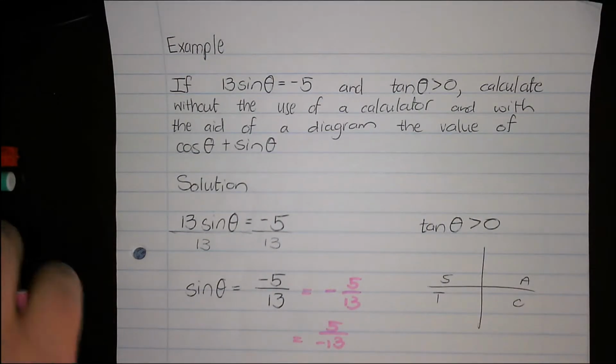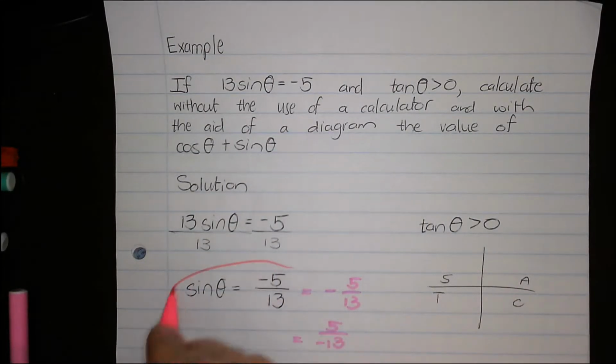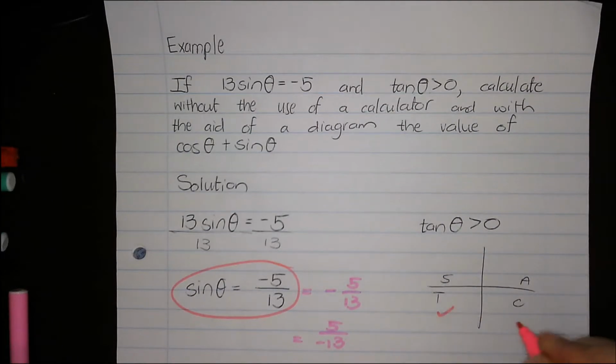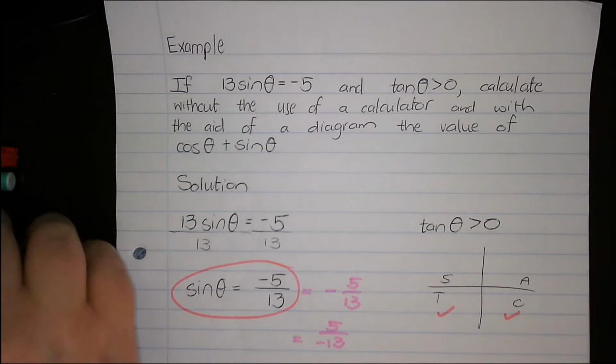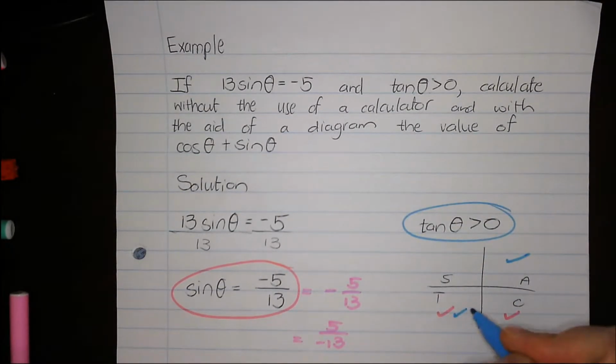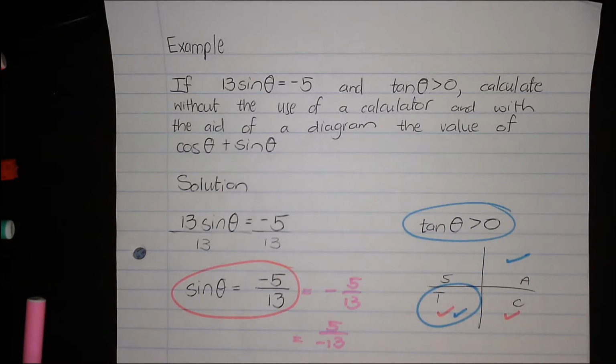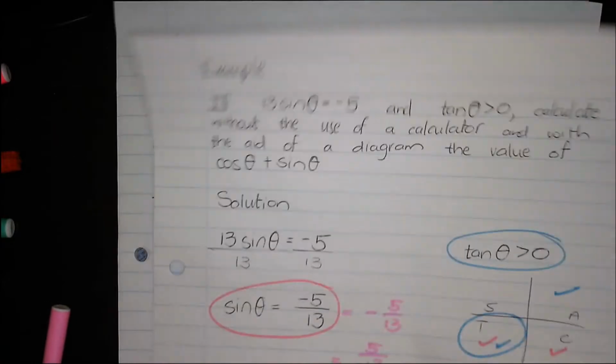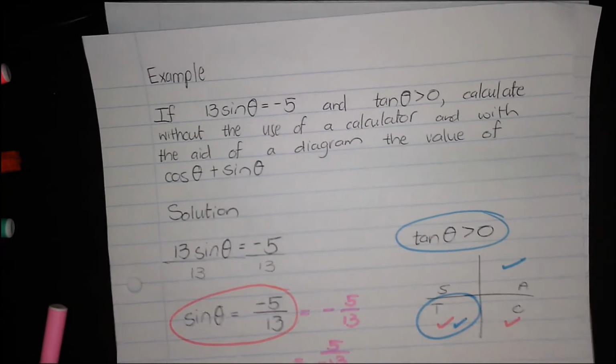Okay, so we know now that sine is negative. Sine is negative in which quadrants? It's this quadrant and that quadrant. And tan is positive in this quadrant and that quadrant. So we're going to draw a triangle in the third quadrant. Alright, so we need to draw a nice big-ish sketch.